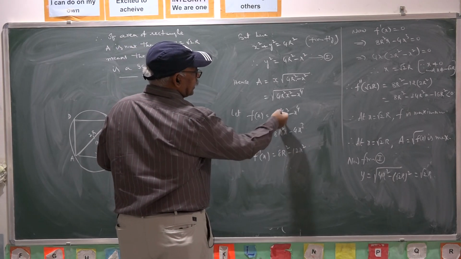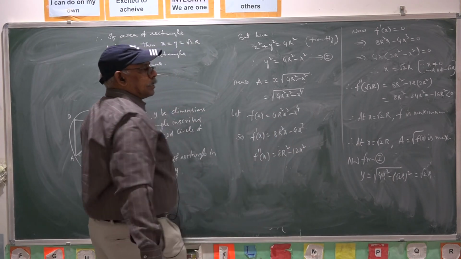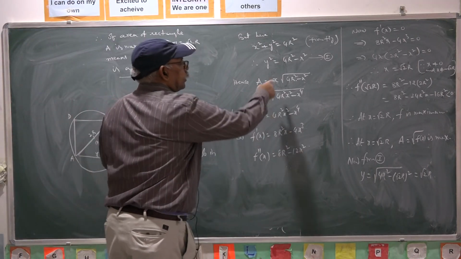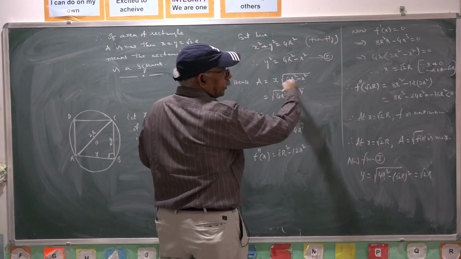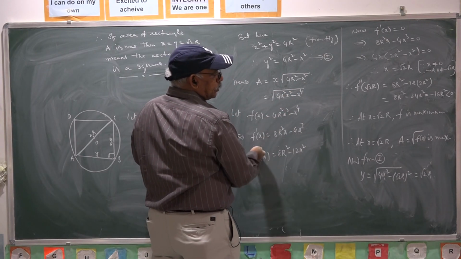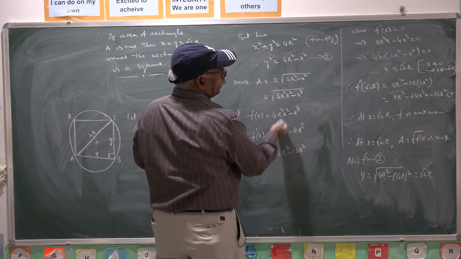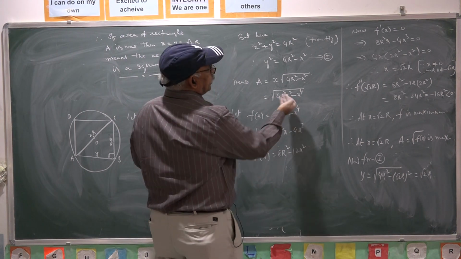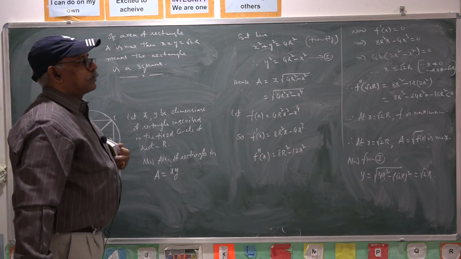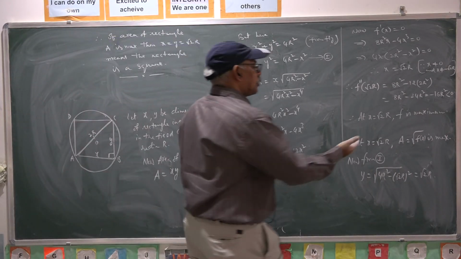For easy derivative, instead of taking the derivative of the root function, I am taking the function inside the root and finding for what values of x that function f has maximum. Once f is maximum, then A is also maximum.